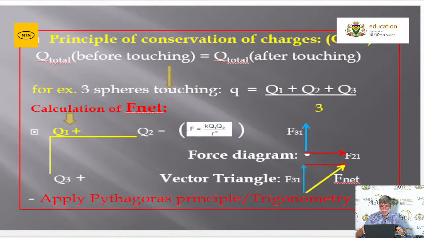And then there's another very important thing. If you are given Q1, Q2 and Q3 and you are asked to calculate the net force on Q2, the first step again is to draw a vector diagram of the forces acting on Q2. Why? Because you must know if the two forces are working in opposite directions on Q2 or in the same direction.